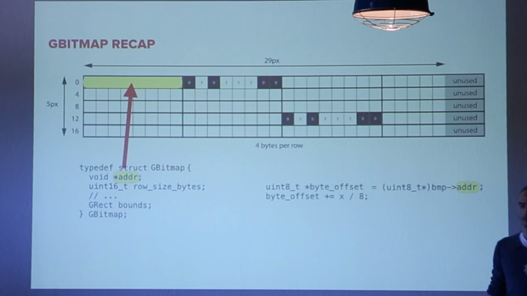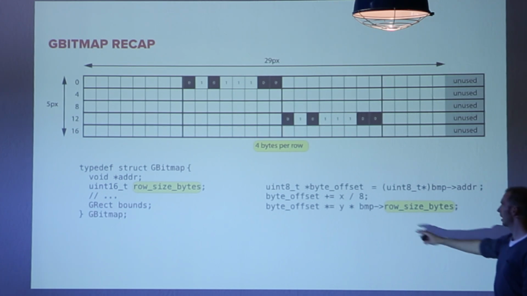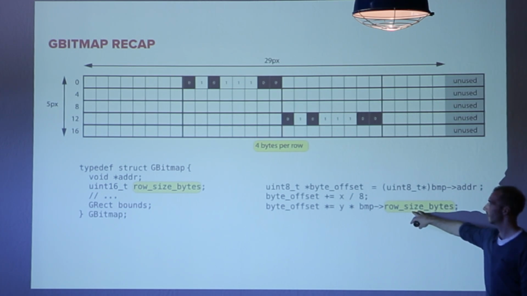And also, if you have 33 pixels per row, we would need 8 bytes to store a single row. So you cannot simply multiply and offset and divide something with the x and y coordinate. You have to know how wide it is in bytes. And we have another field on the struct that gives you that information. That's row_size_bytes, and you simply multiply the y coordinate with that one.